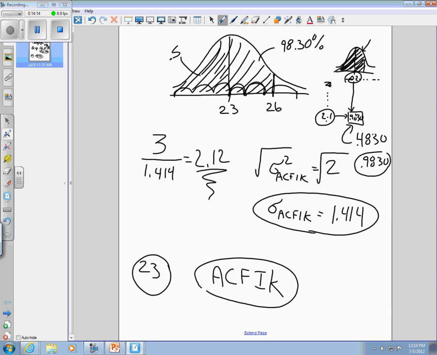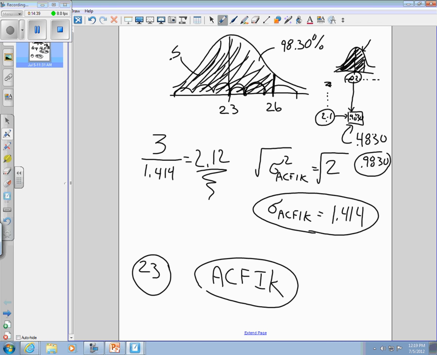And what that means, if you haven't figured this out already, you probably are ahead of me, is that 98.3% of the time, when a project averages 23 weeks with a standard deviation of 1.414 weeks, that project is done in 26 weeks or less.